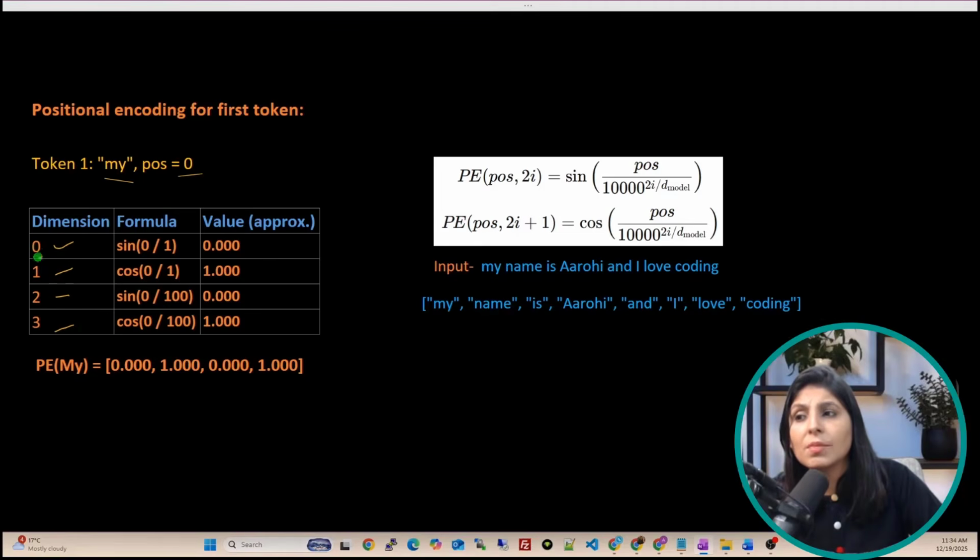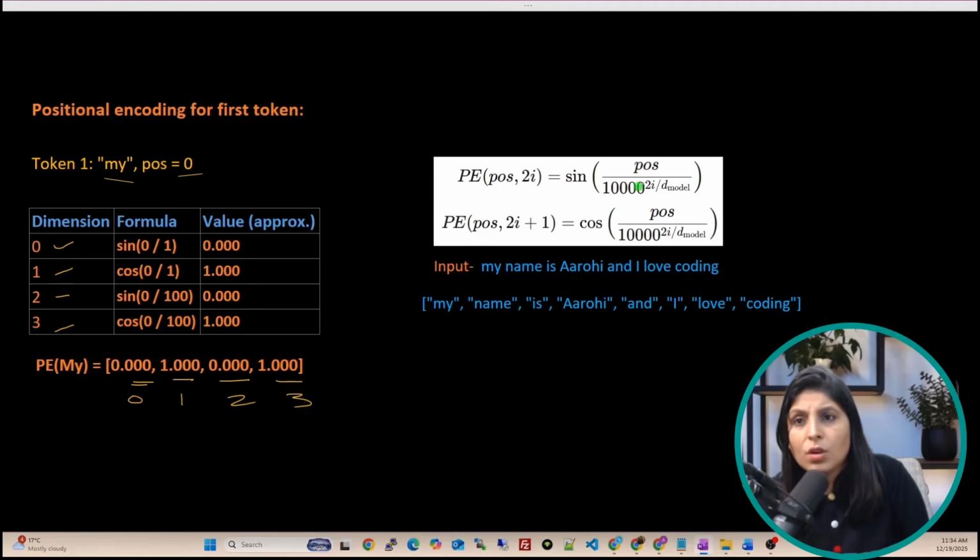0 simply means the 0th index of the positional encoding vector which we are going to create for my token. Okay, and the 1 means simply this is what it means. So this is the 0th dimension, this is the first dimension, this is the second dimension, and this is the third dimension. So this is the index. This dimension simply means the index.